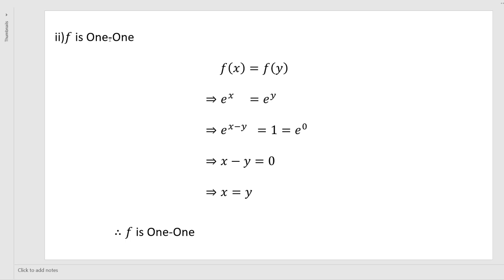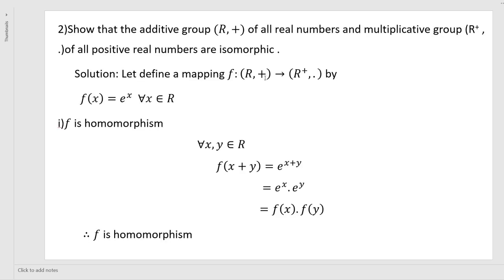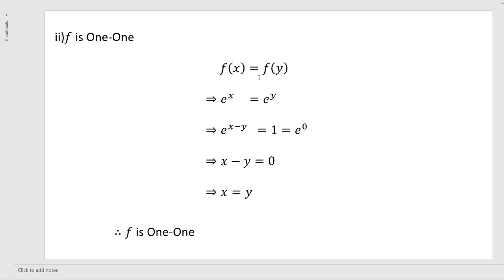Next, f is one-one. Consider f(x) = f(y), where x and y belong to R. f(x) is e^x, f(y) is e^y. Here, it can be written as e^(x−y). Multiplying e^y on both sides, we have e^(x−y) = e^(y−y), that is e^0, whose value is 1.